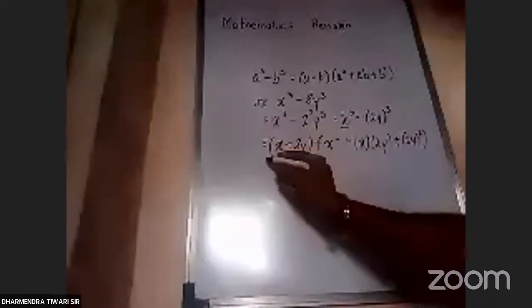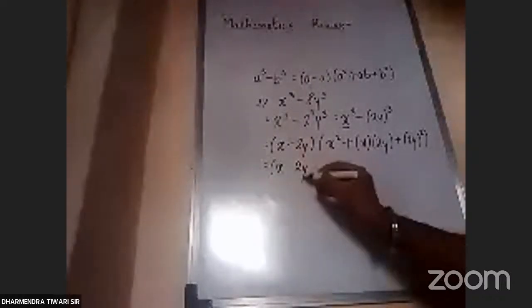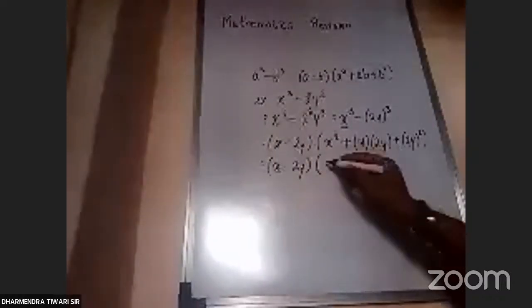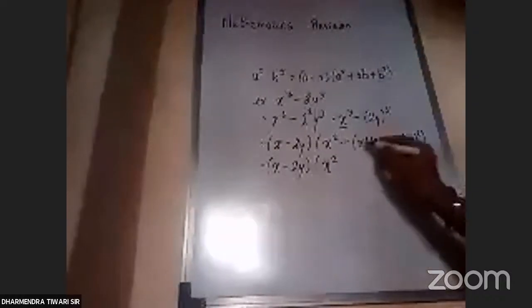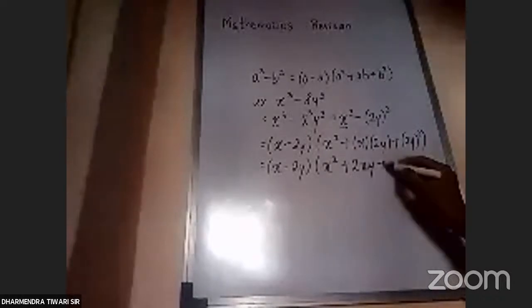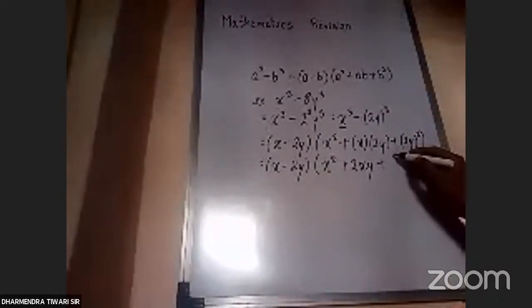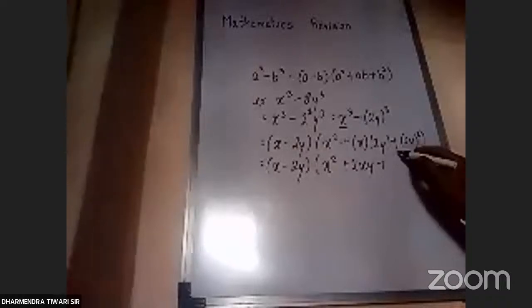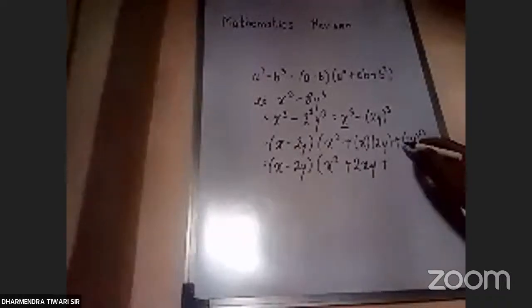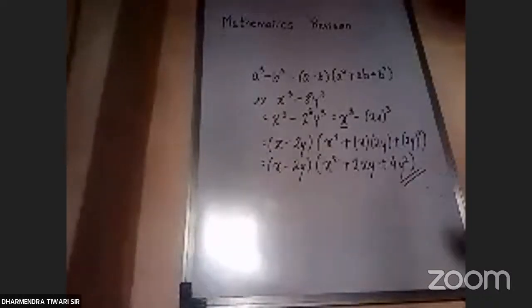So this is nothing but x minus 2y in bracket, x square plus x into 2y is 2xy, plus 2 square y square. If you want, you can write 2 square, or you can write directly 2 square is 4, y square.